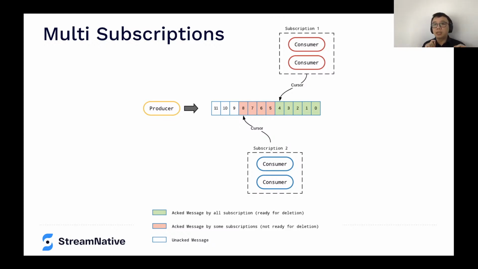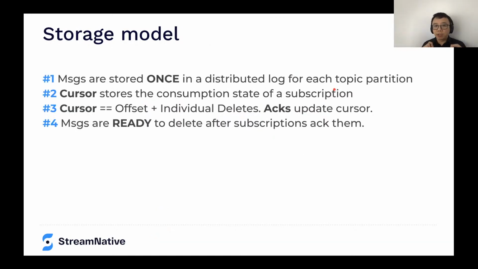So this is the Pulsar storage model: all the messages are only ready for deletion after all the subscriptions have acknowledged them. If a message is only acknowledged by one subscription, but some of the subscriptions have not confirmed that they processed the messages, those messages are not ready for deletion.